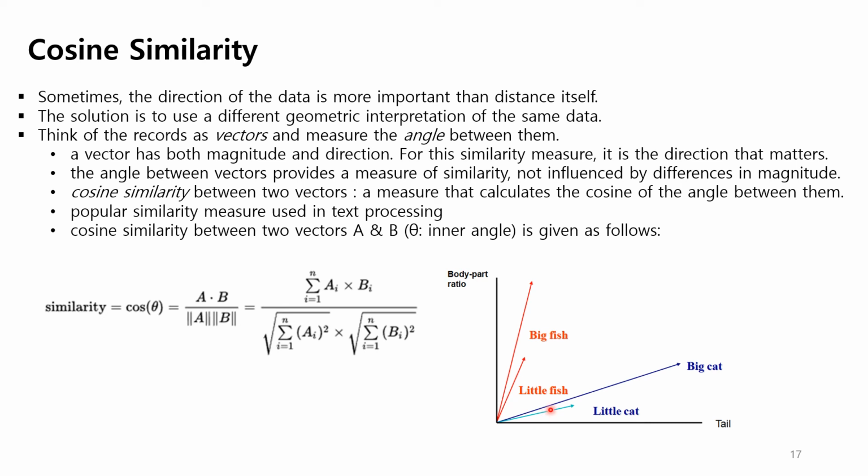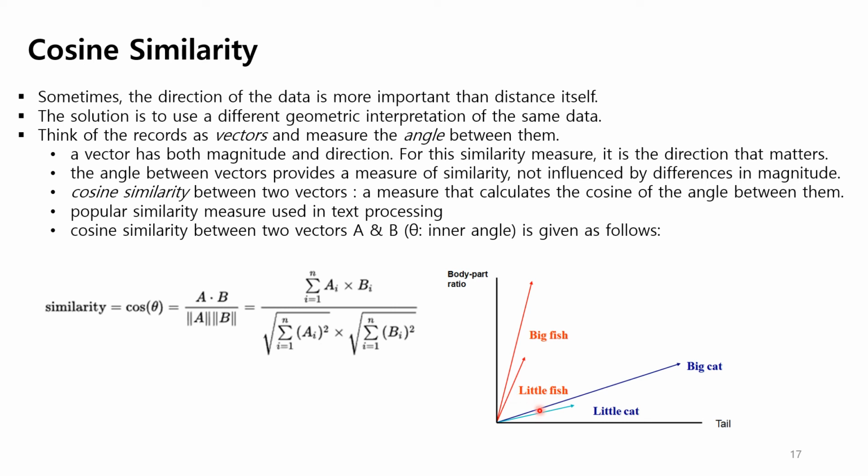In this case, this one. That is cosine similarity. If you compute the similarity between big fish and little fish, you compute the angle between these two vectors. If you compute the similarity between little fish and big cat, then the similarity is this one. That's how it works in cosine similarity.